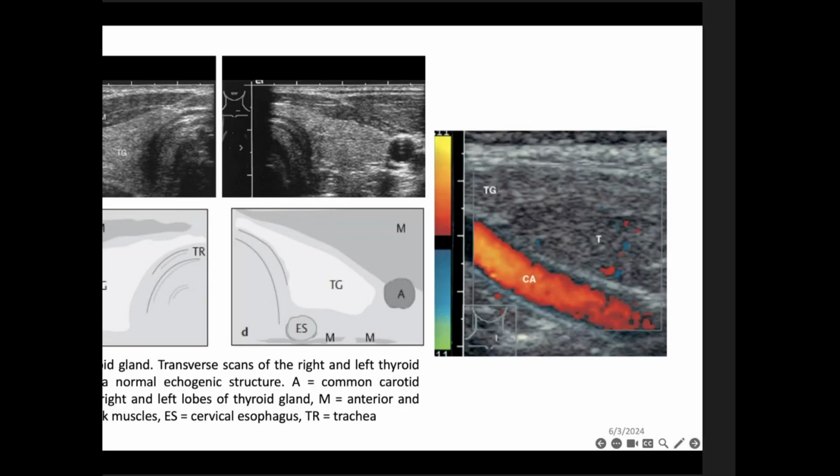The higher the resolution, the smaller the anterior posterior dimension that the ultrasound beam can go. So it's a trade-off. It's an inverse relationship. As the frequency and resolution goes up for ultrasound, the depth of penetration goes down.